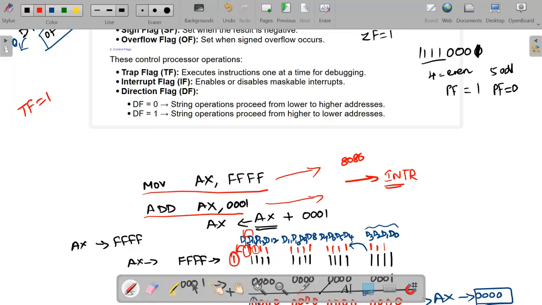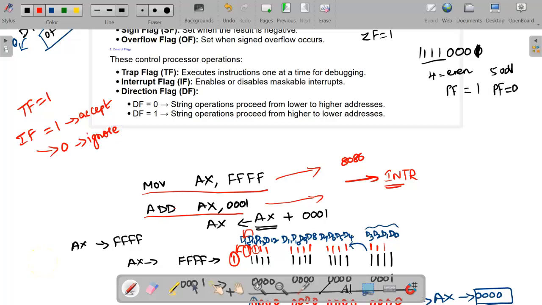Whenever we get an interrupt from the peripheral devices, the 8086 will check the IF flag. Whenever IF is equal to 1, only then will it accept the interrupt and execute it. If IF is equal to 0, it will ignore that interrupt. So when IF is equal to 1, it accepts the interrupt; when IF is equal to 0, it ignores the interrupt.